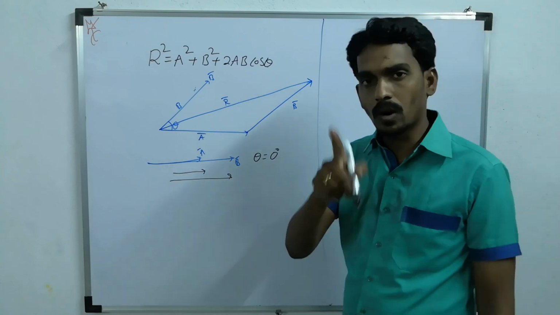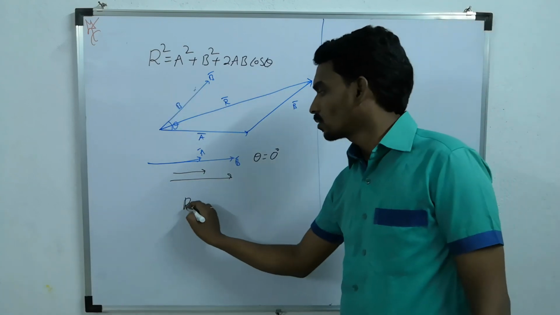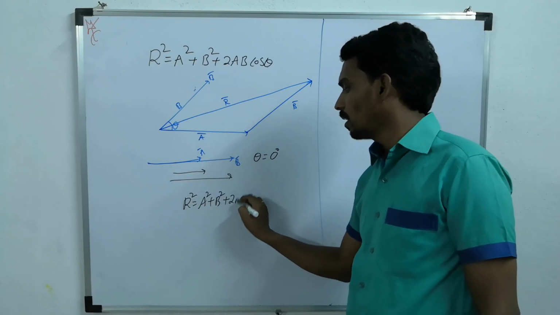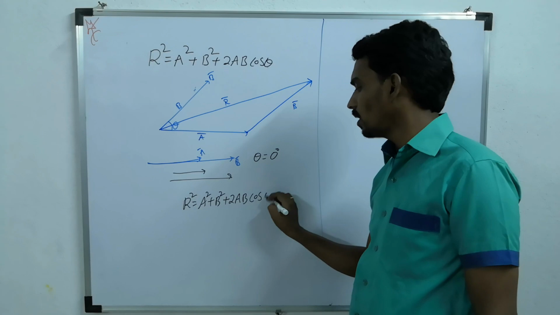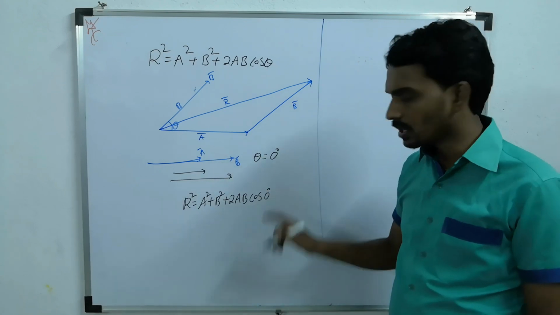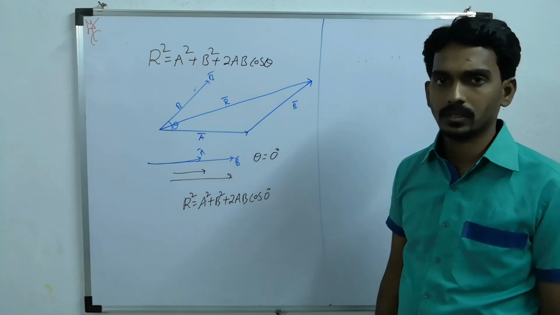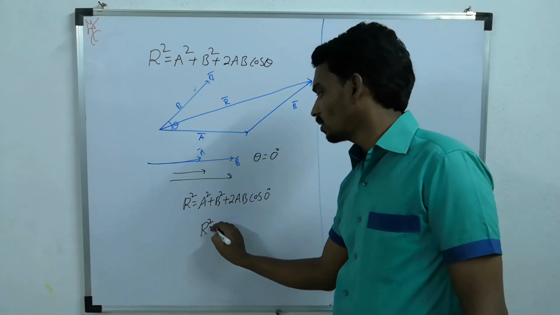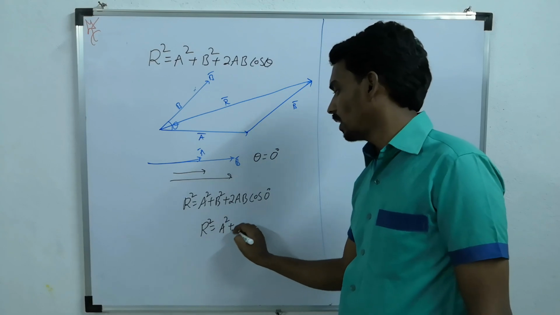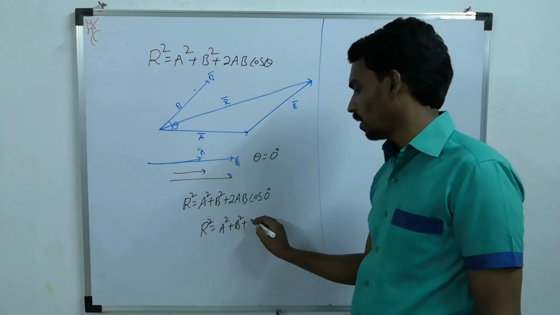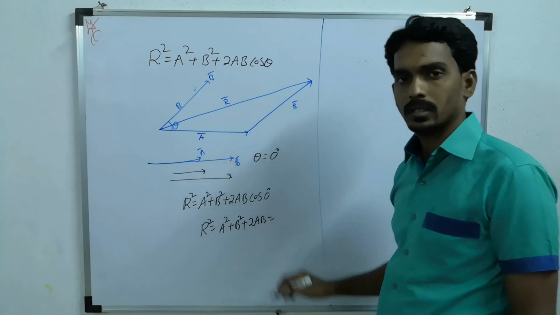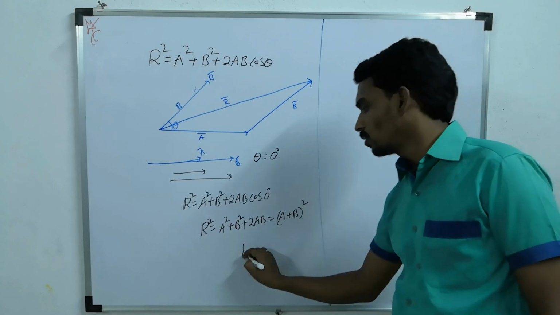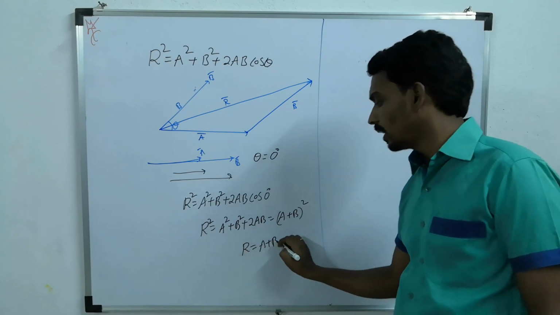Then R square equals A square plus B square plus 2AB cos 0, and cos 0 is 1. So R square equals A square plus B square plus 2AB. But this is nothing but A plus B whole square. So the resultant will become A plus B.